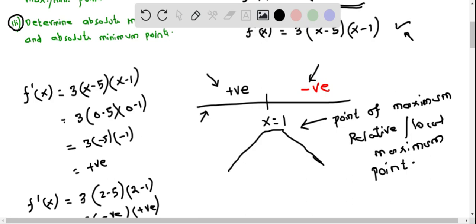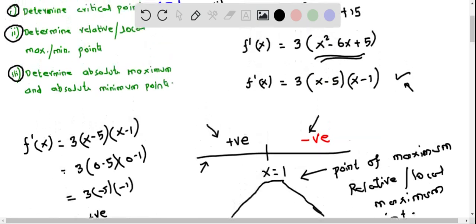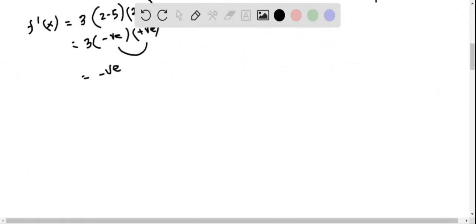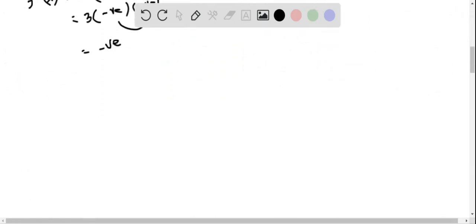Let's do the final step. That is, we have to determine the absolute maximum and minimum points of the function within the interval 0 comma 4. So I'm going to create a table of values for the endpoints as well as the critical number, and then find the corresponding f of x.